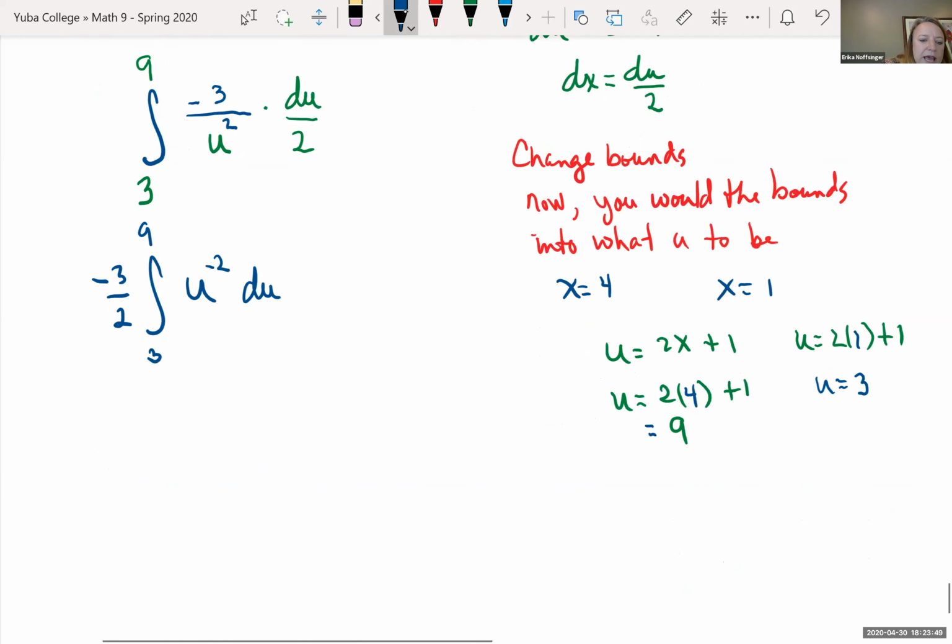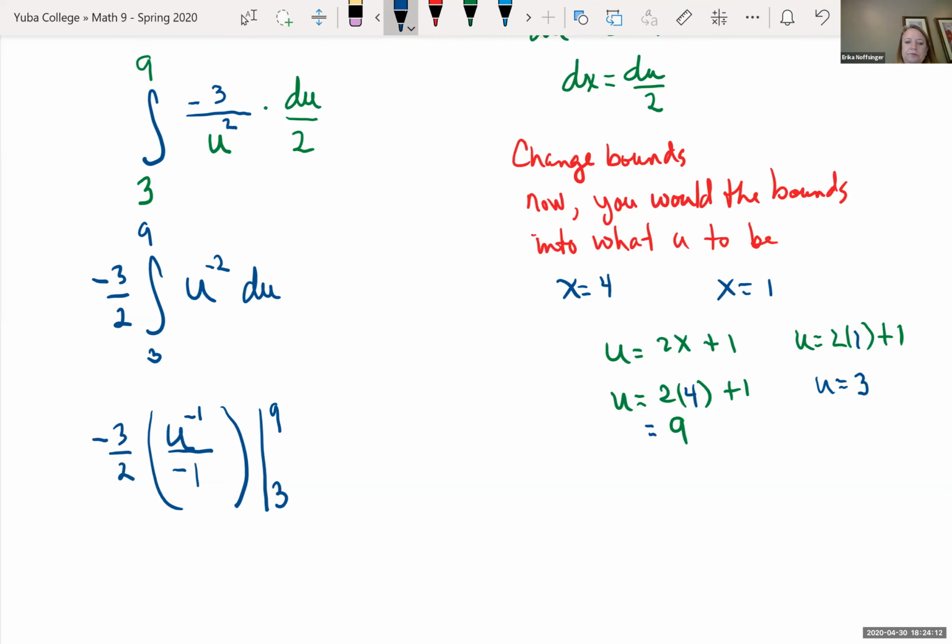So we have -3/2. So the antiderivative of u to the -2: add 1 to our exponent. Well, -2 plus 1 is -1. Divide by our new exponent of -1. Because we changed our bounds before, we can just plug in 3 to 9.